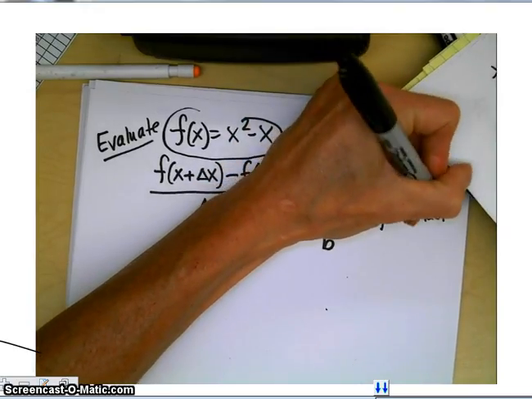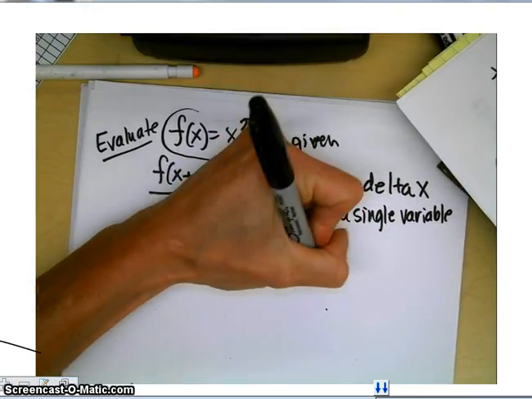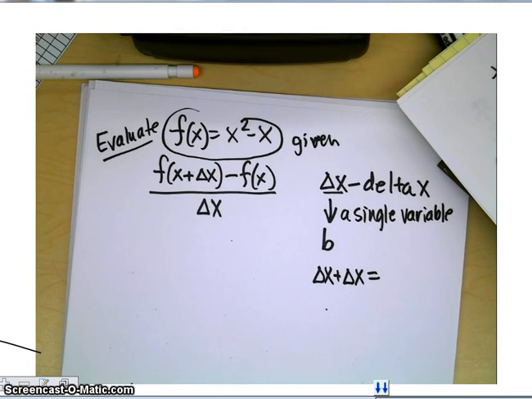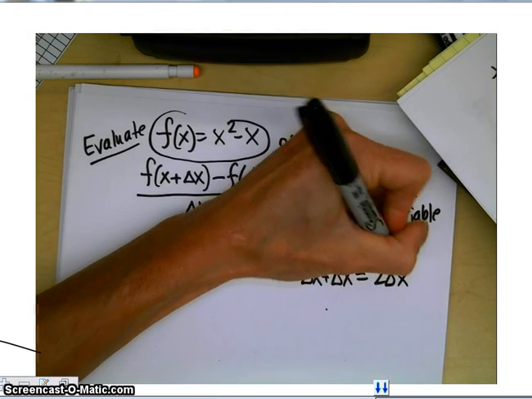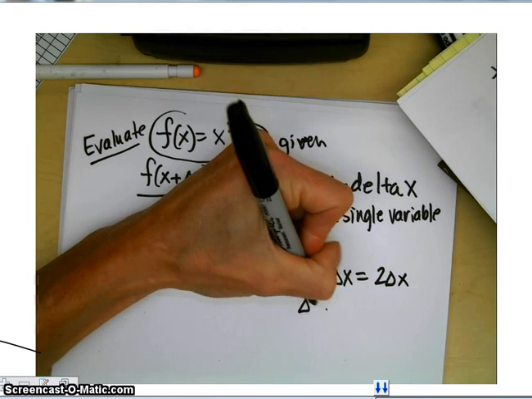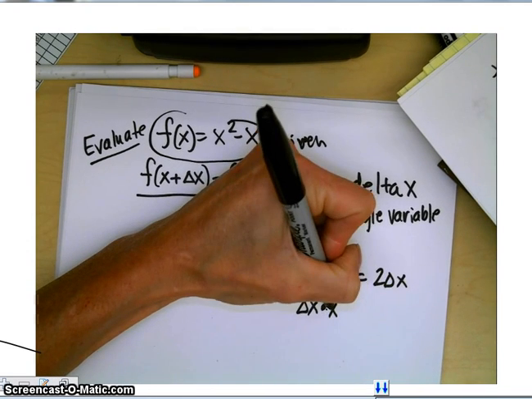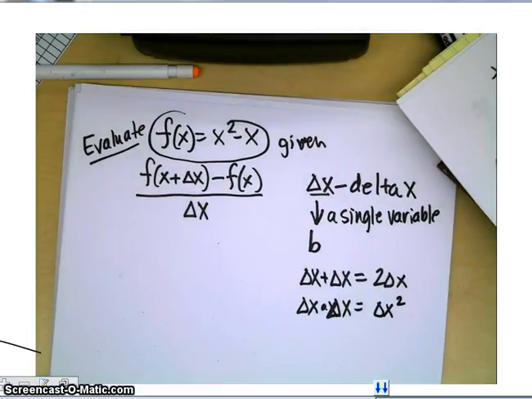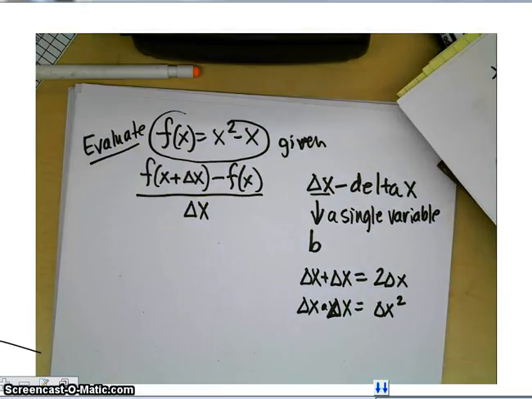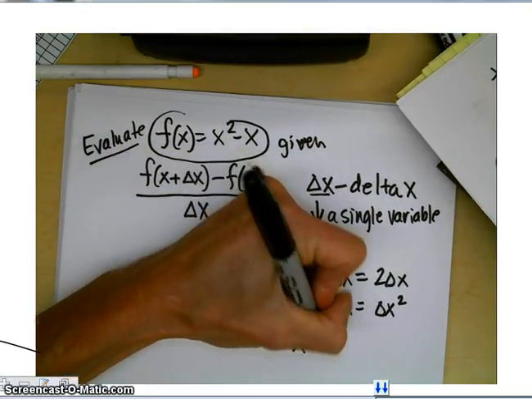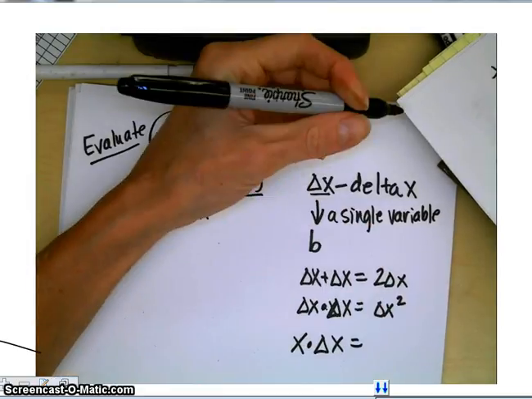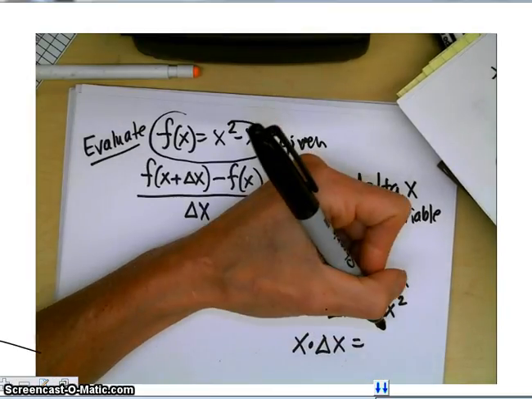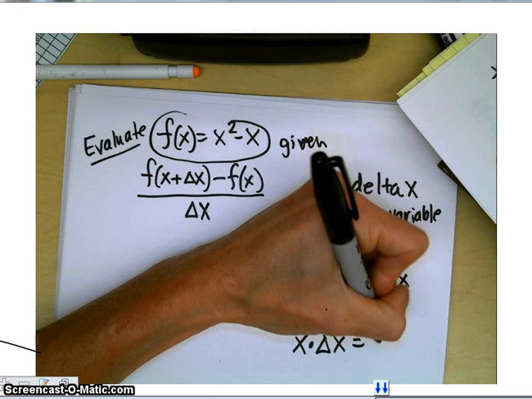So just some rules in dealing with delta x. If I take delta x plus delta x, what does that equal? It's 2 delta x's. If I take delta x times delta x, that's delta x squared. If I multiply x times delta x, that's x delta x.